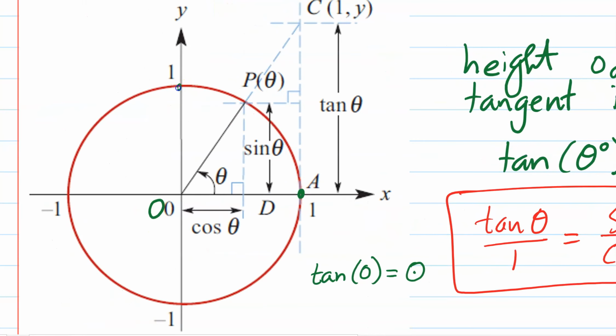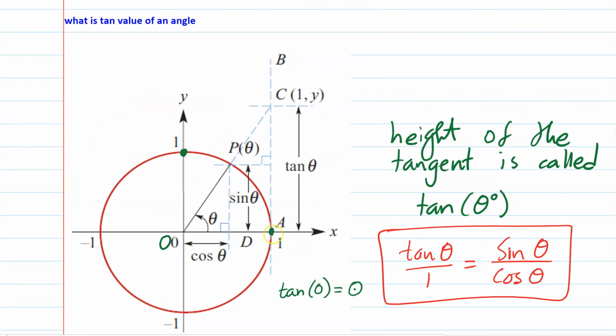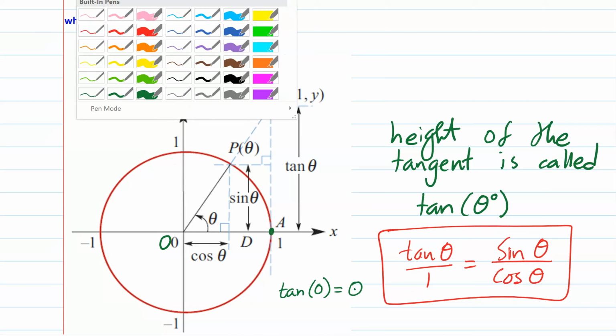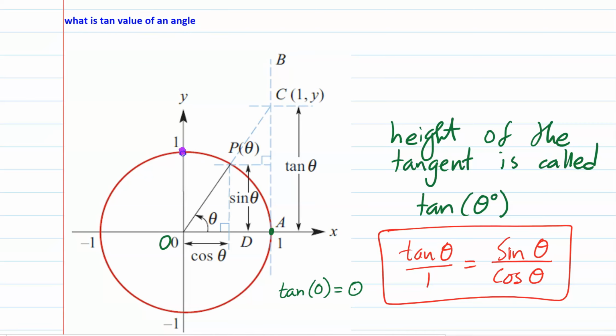Well, at this point, what can you say, ladies and gents? I'm going to draw the tangent all the way up to the sky. I'm going to pull a different color. So at that point, I'm going to draw a line that meets the tangent. Would they meet ever? Well, no, because they are parallel.